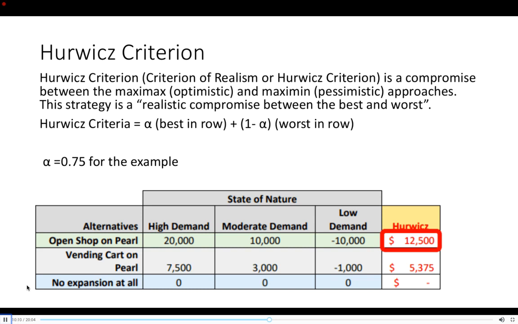So what we do is we take that alpha times the best in the row plus 1 minus alpha, in this case 0.25, times the worst in the row. Okay. So best in the row, 20,000 times 0.75, and then 0.25 times negative 10,000 gives us a Hurwitz value here of 12,500.